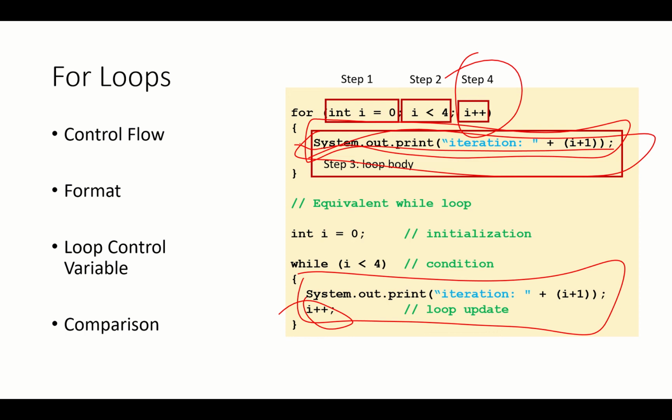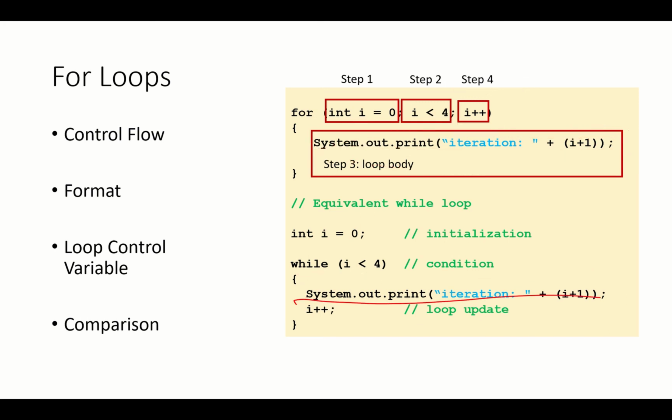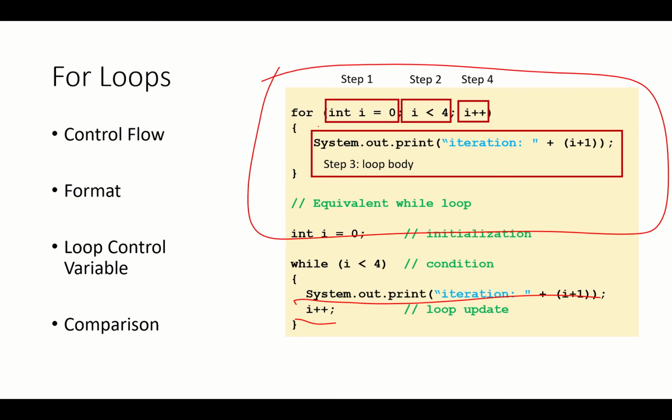Back to the example, the grocery store. In the while loop, you need to scan the item and you need to update how many times you scan. But in the for loop, this body is very clear.